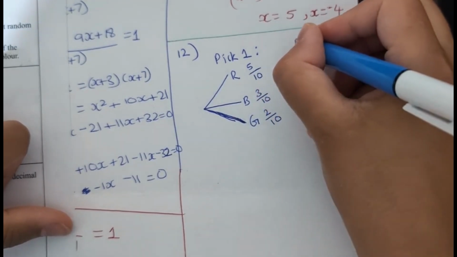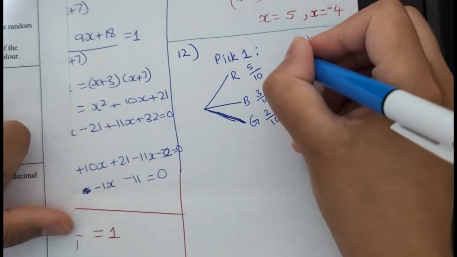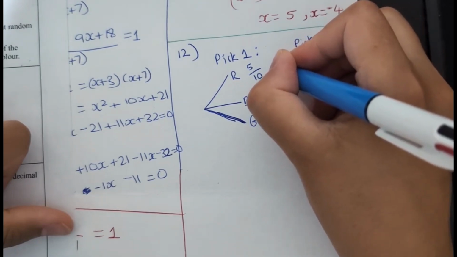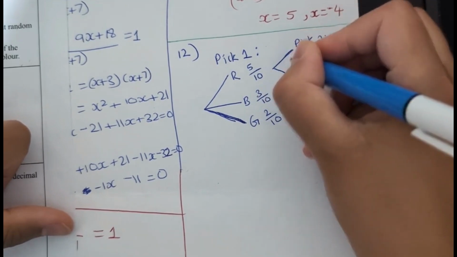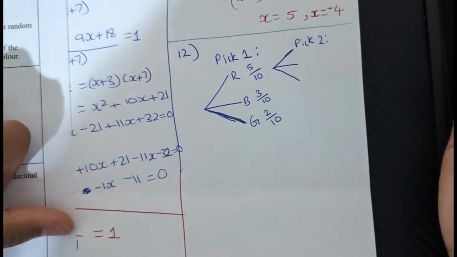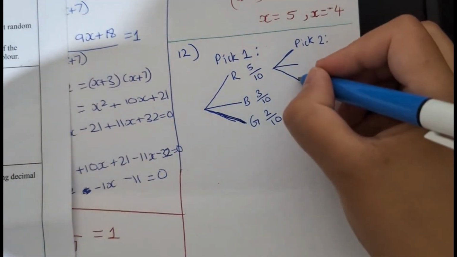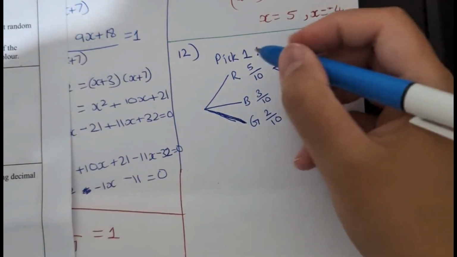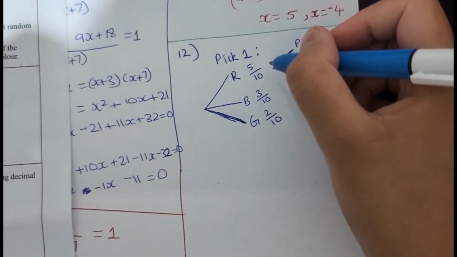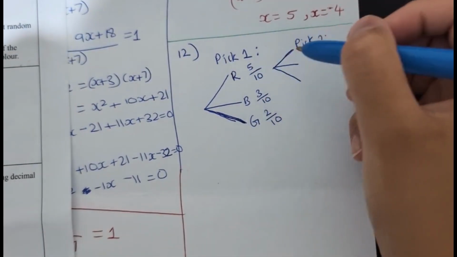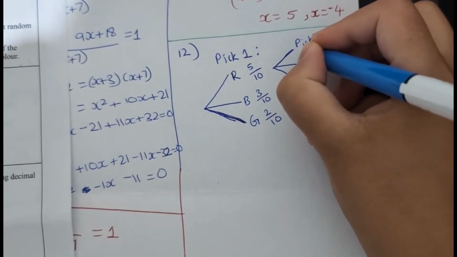And now for pick 2, I need a tree coming out of each of these, bearing in mind that each has got to have 3 branches as follows. Since they've mentioned that he doesn't put them back in, it doesn't replace them, the denominator now is going to be 9, because 1's already been taken.